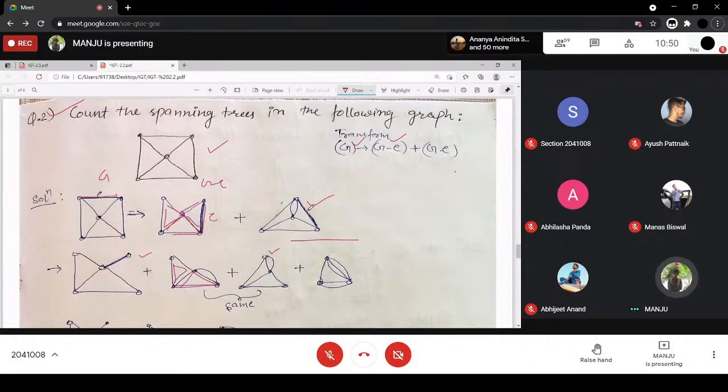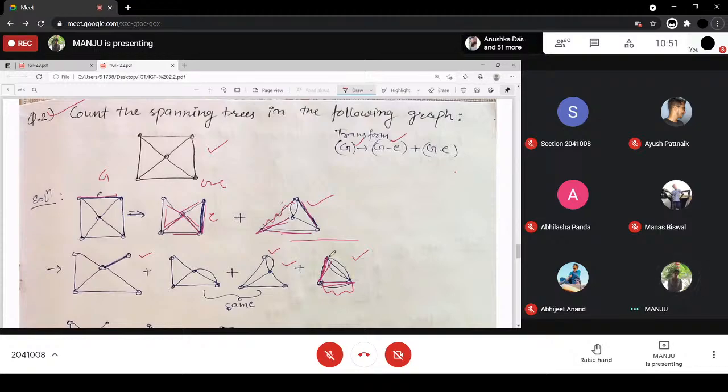What about this one? G minus e. This graph minus this edge. Where do you go? This one and this one and this one. These two are isomorphic. You can check it. And after contracting, we are getting this one. Here, this edge is this one, and this edge is this below part, and these three edges will be adjacent.